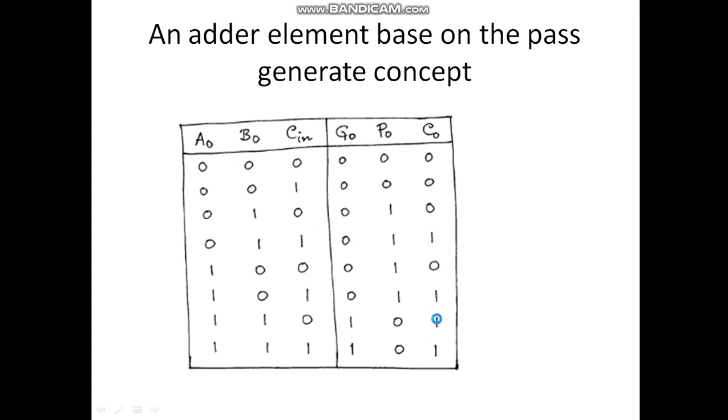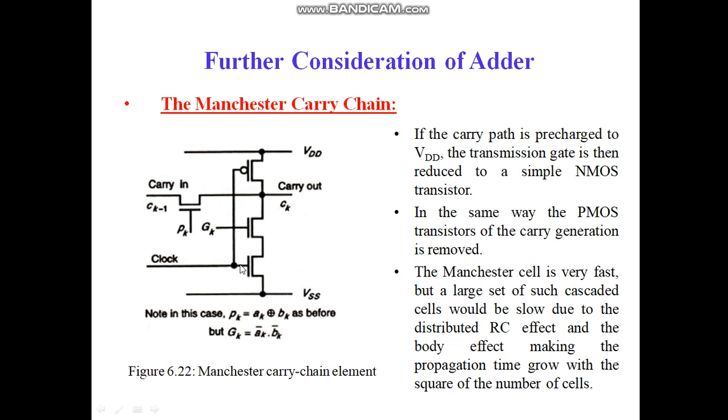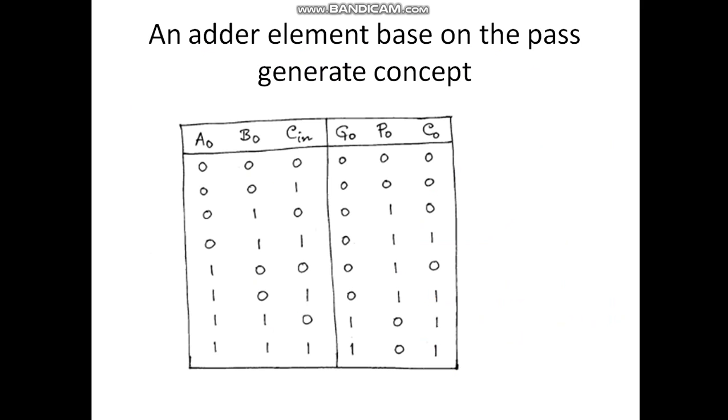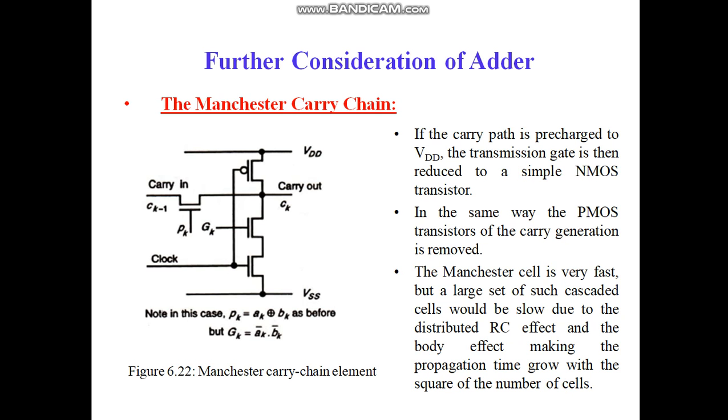So here in the circuit, you can see that when P is equal to 1, C out is the same as C in, and when P is equal to 0, the output depends upon Gk. When Gk is equal to 1, the carry out is 1, and when Gk is equal to 0, the carry out is 0.